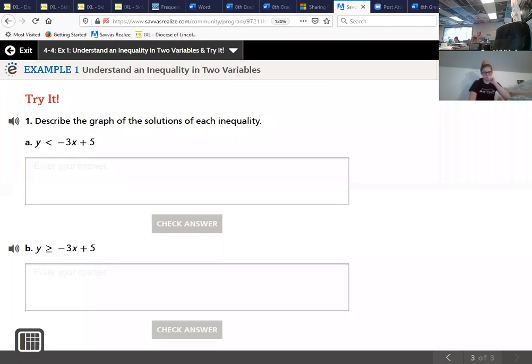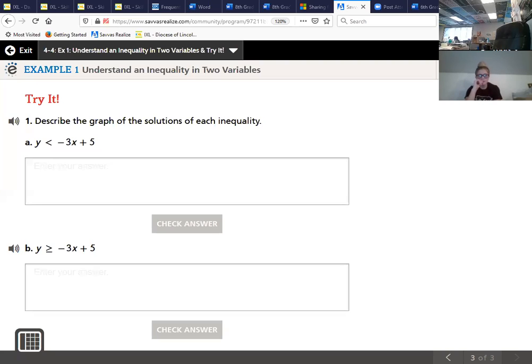So this would be where I start, there would be a point there, and then I go down 3 over 1. This is my line, my little dash. And 3 over 1, dash.